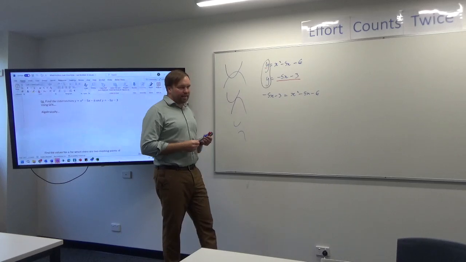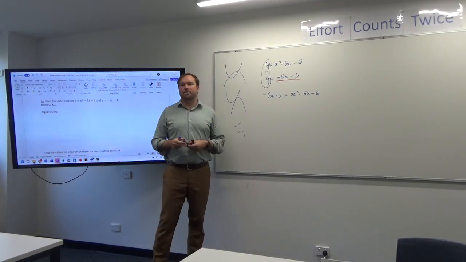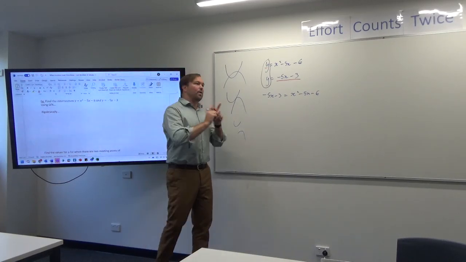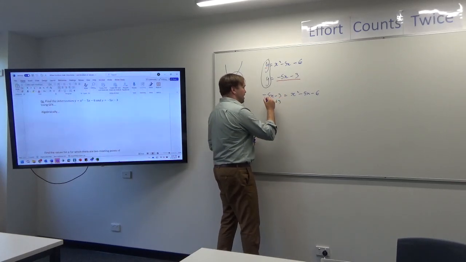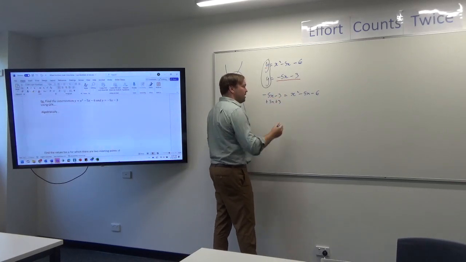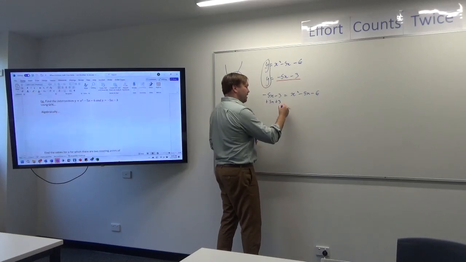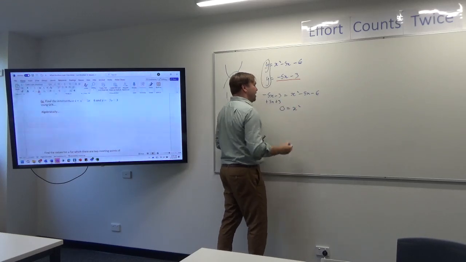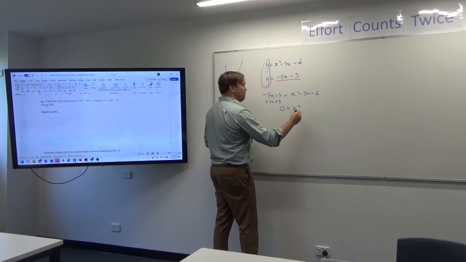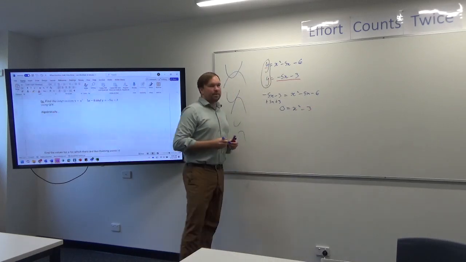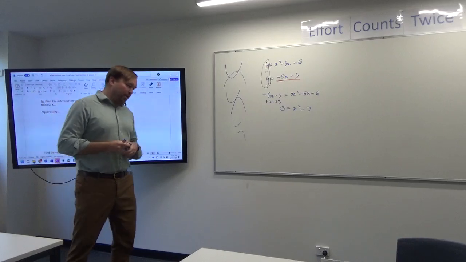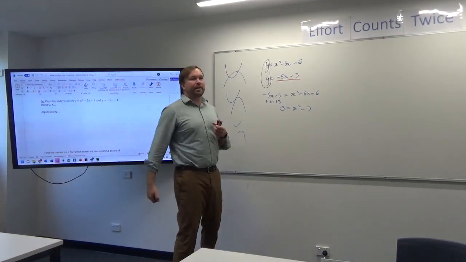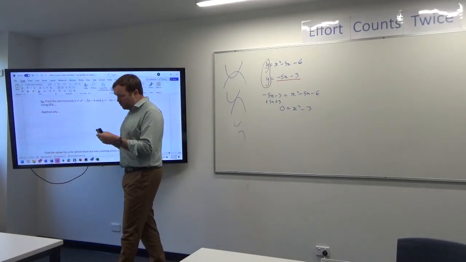Then we solve it like an ordinary quadratic equation, throwing everything on one side, getting 0 on the other. So I'm going to plus 3 and add 5x to both sides. Once I've done that, I'll have 0 equals x squared minus 3. If it was a more complicated quadratic, we could reach for the quadratic formula or factorizing or any of our other tools.